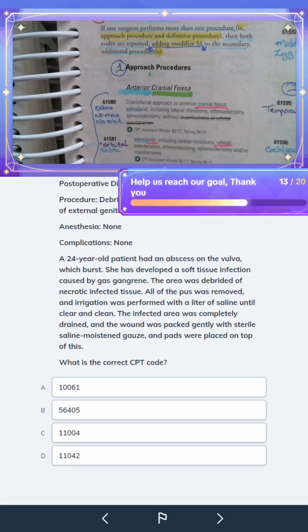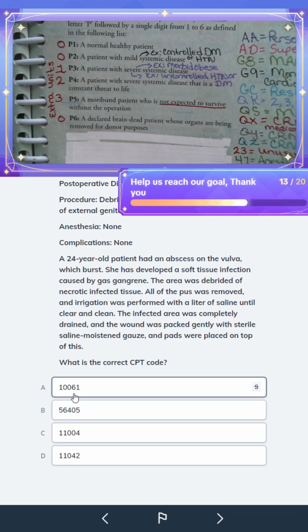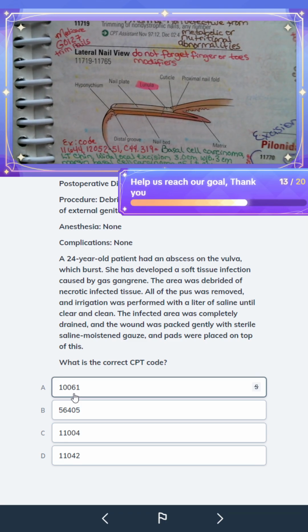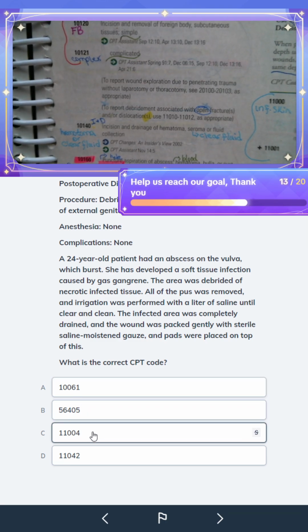All right. We've got, looks like it's another one of the INDs. Are we on 10060?